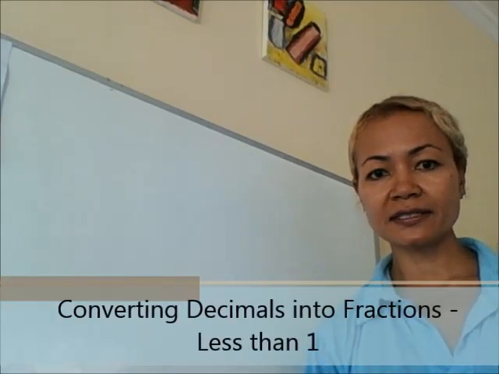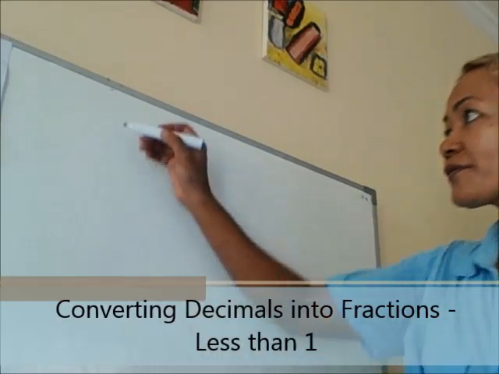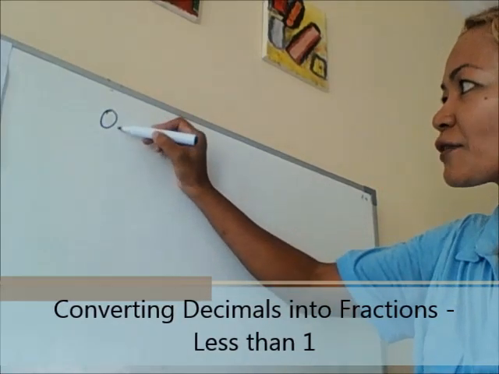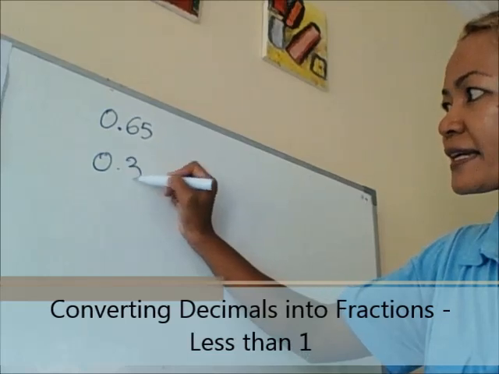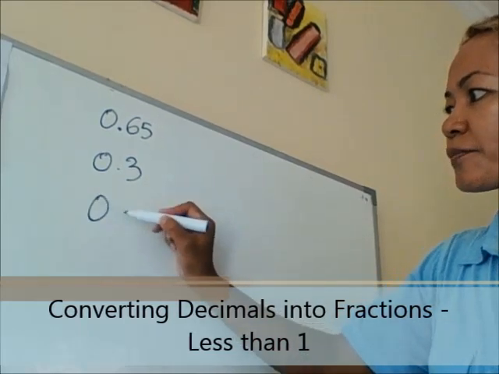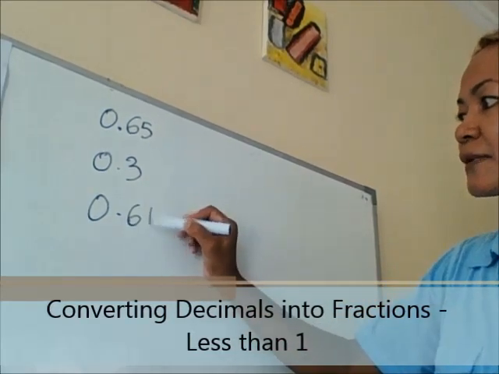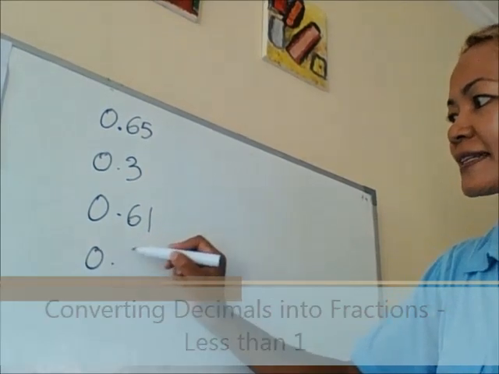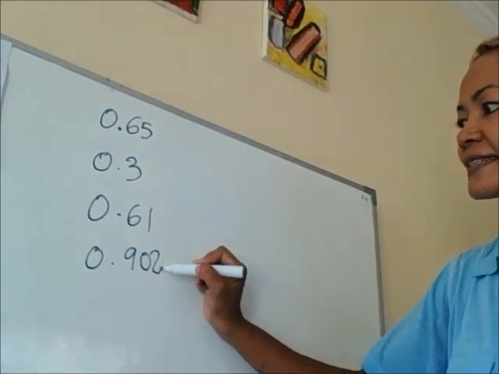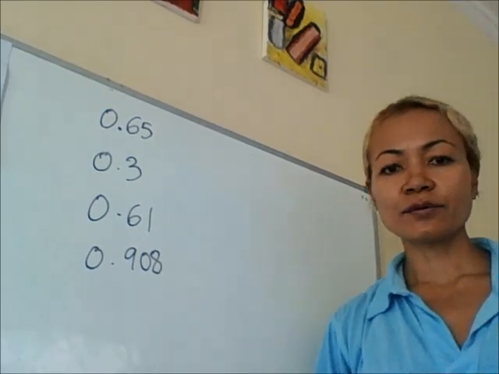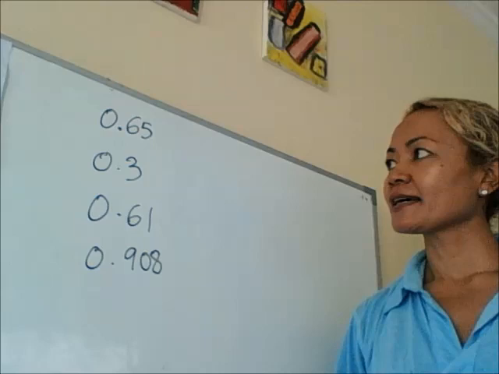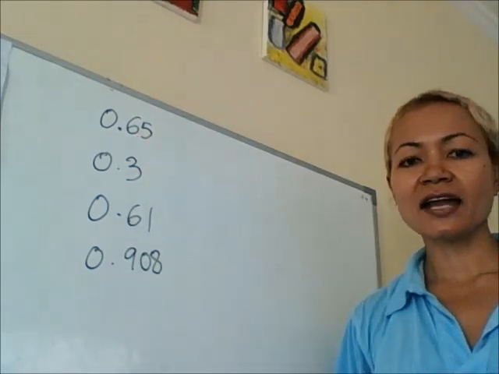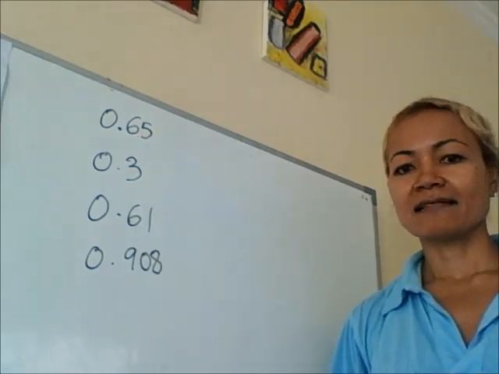Okay, how do we do the reverse? What's a simple way to do the reverse? So if you have already 0.65 or 0.3 or 0.61 or 0.908, how would you convert those to a fraction? 65 hundredths, right?